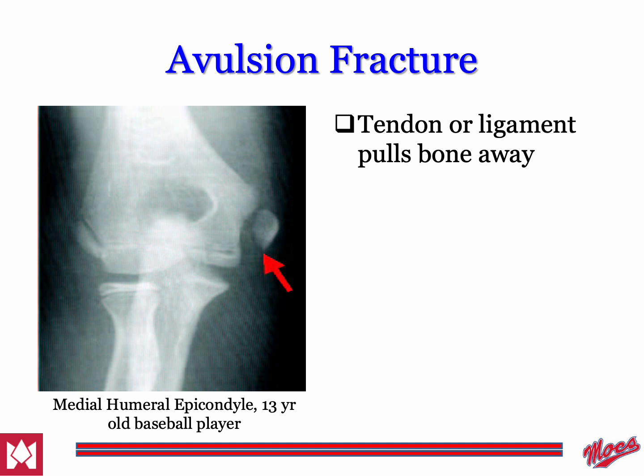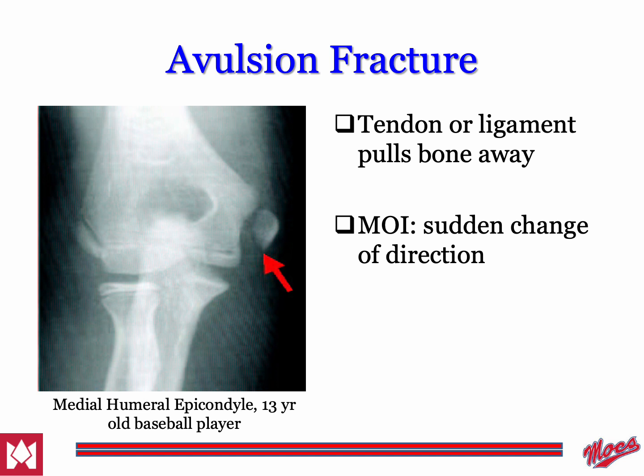An avulsion fracture. So this is a really interesting type of injury because it's actually more common than you would think. But what happens is instead of a tendon or a ligament undergoing an injury itself, if there is some type of sudden force application, specifically in changing direction, if you have a small or diminished bone mineral density especially, the tendon or ligament can actually pull a piece of the bone off rather than the tendon or ligament undergoing the injury itself.